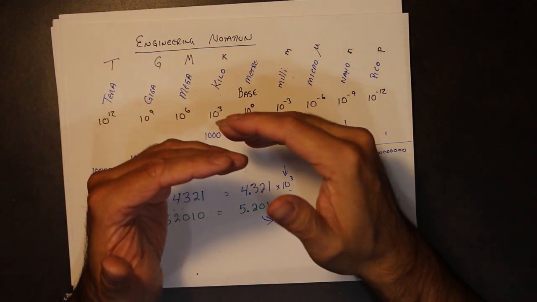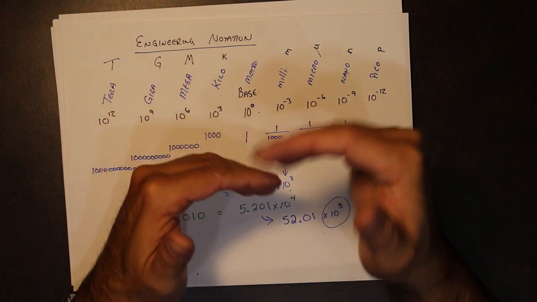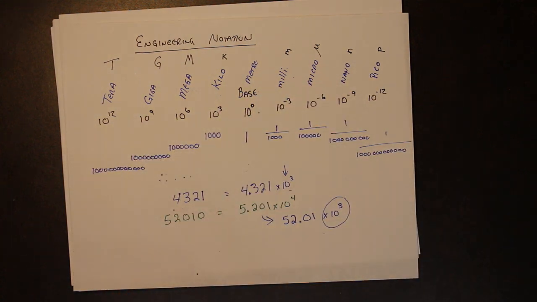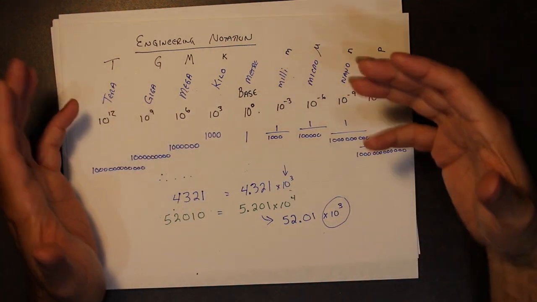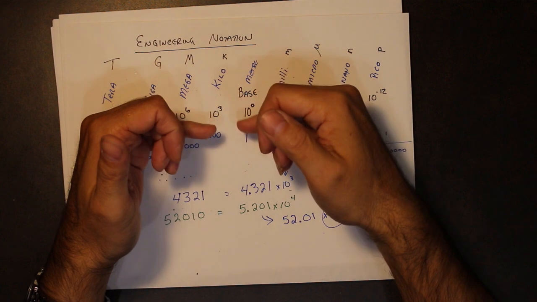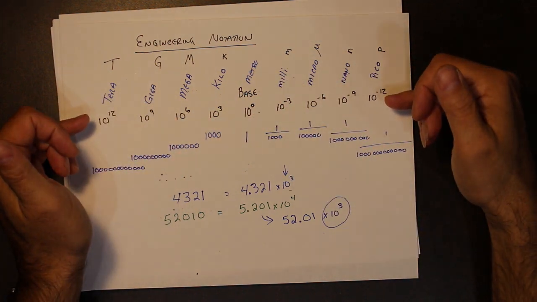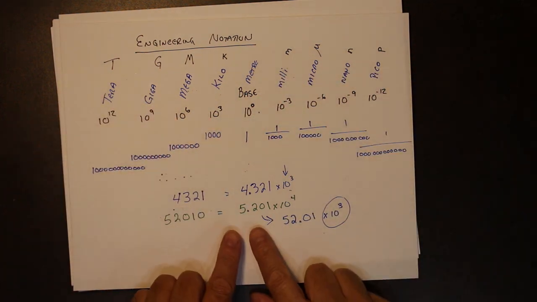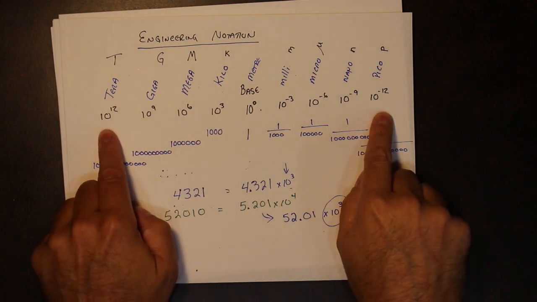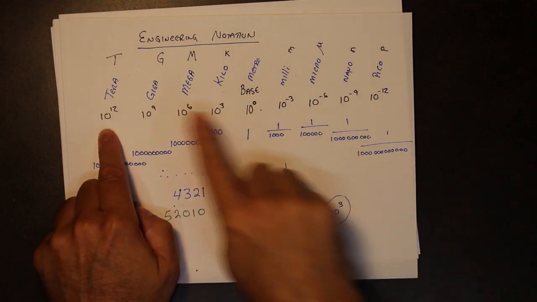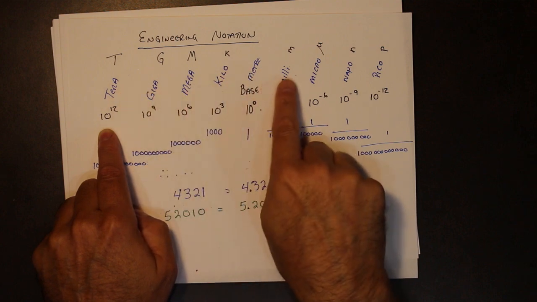So there is a way of speaking that makes things easier, and then it correlates to doing the math with the actual numbers, the scientific notation type. So we've got factors of 10. In engineering notation, we are using specific factors of 10, and we assign each one of them a name.